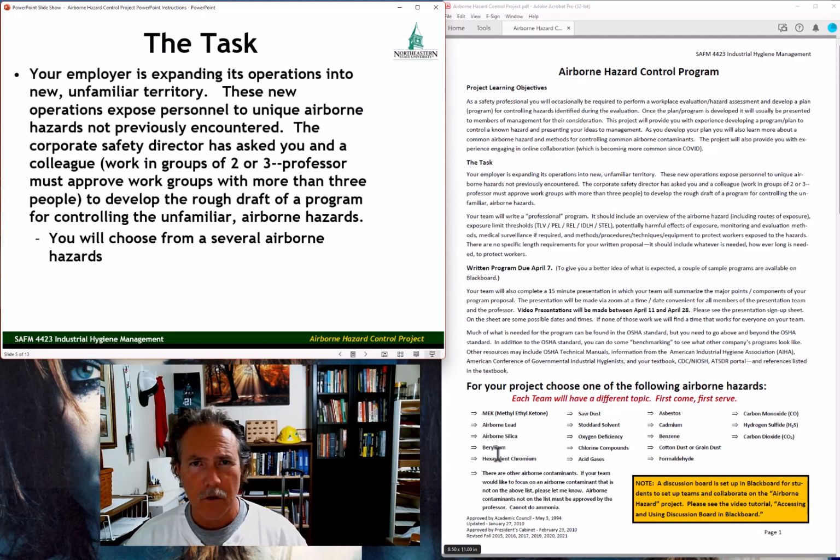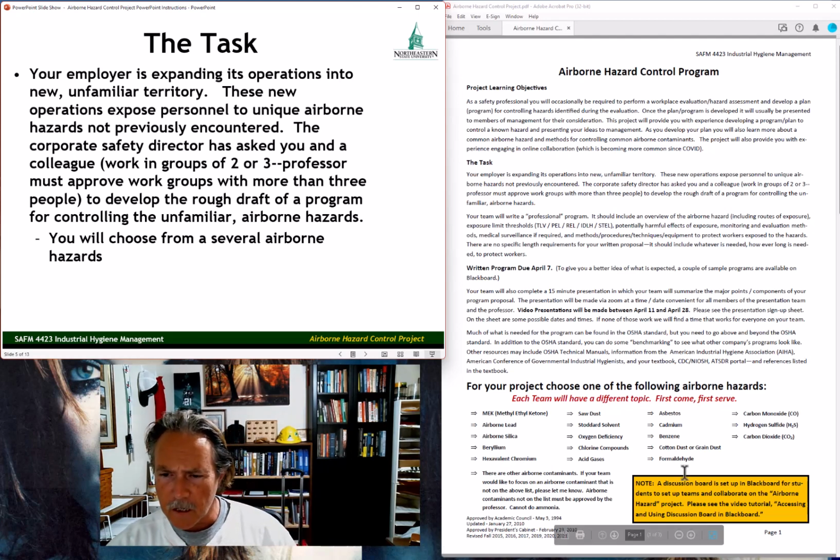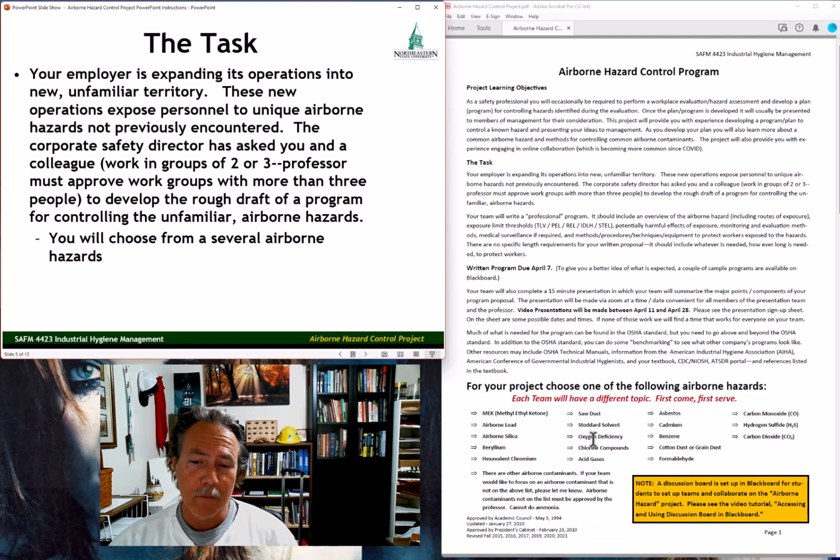There can be exposure to silica, beryllium, carbon monoxide. There can be oxygen deficiency problems, which is listed here as an airborne hazard. Not having enough oxygen. Not having enough oxygen probably kills more people than most of these other hazards. Oxygen deficiency is an overlooked airborne hazard. But these are the more common airborne hazards that you see across all industries.